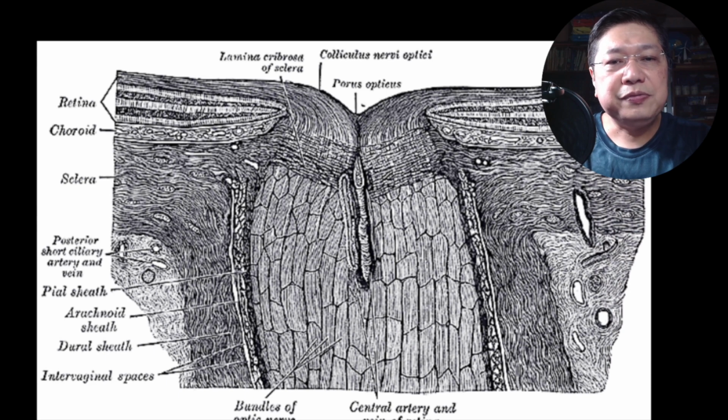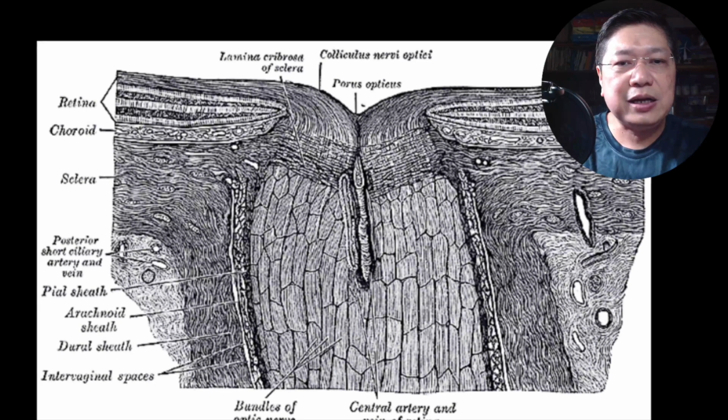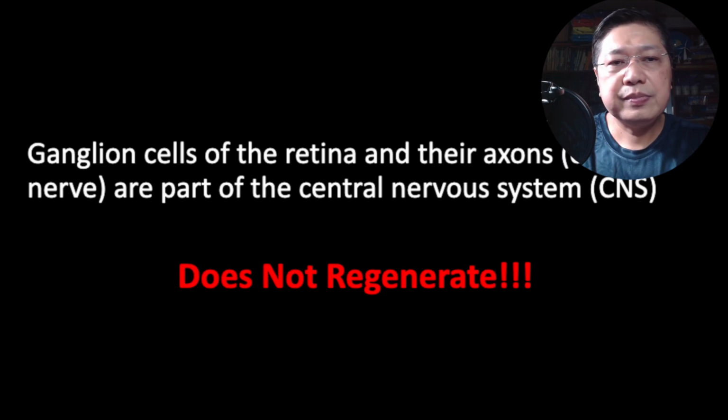Okay, optic nerve. The head of the optic nerve is actually supported by what we call the lamina cribrosa. These are areas that are supporting the optic nerve. If you start seeing the lamina cribrosa, that means most of the optic nerve fibers in this area have already died off.